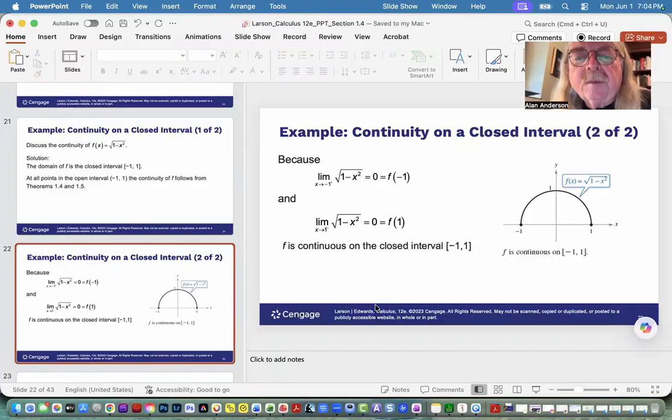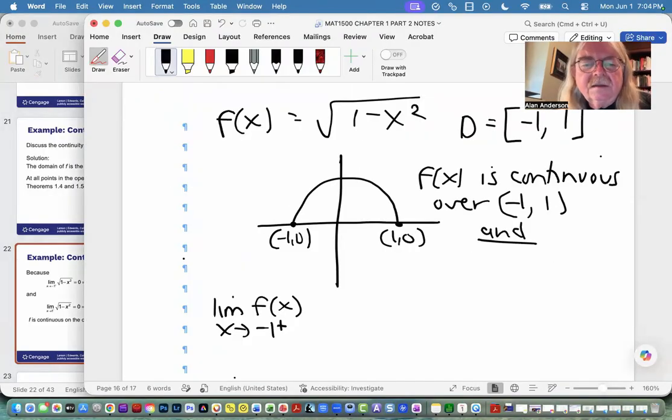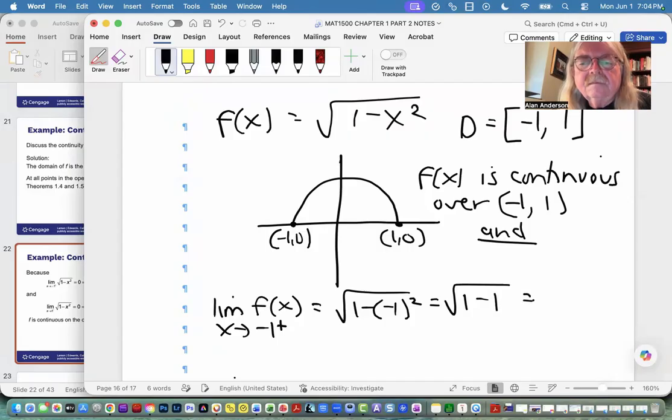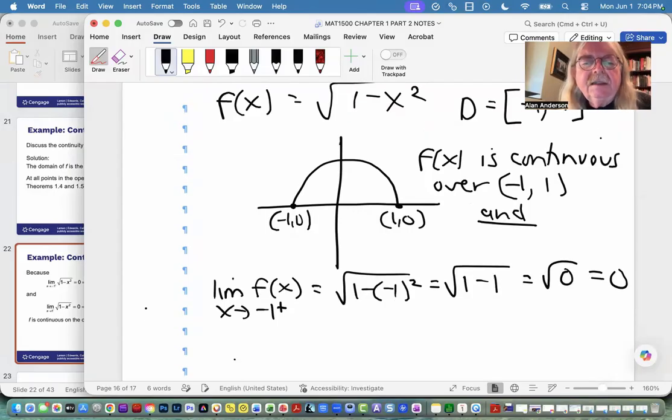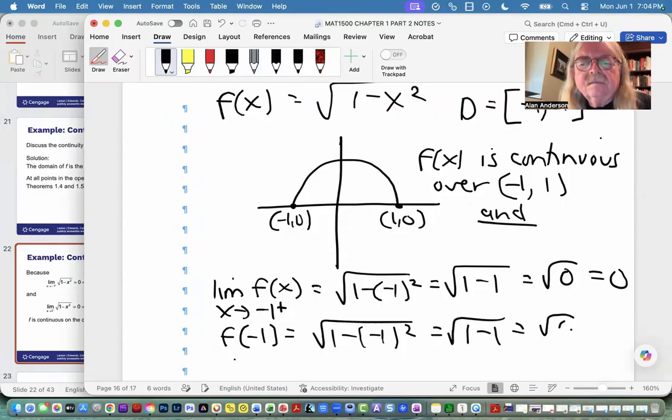Okay, so as we approach negative 1 from the right, and f of negative 1, so they equal each other.